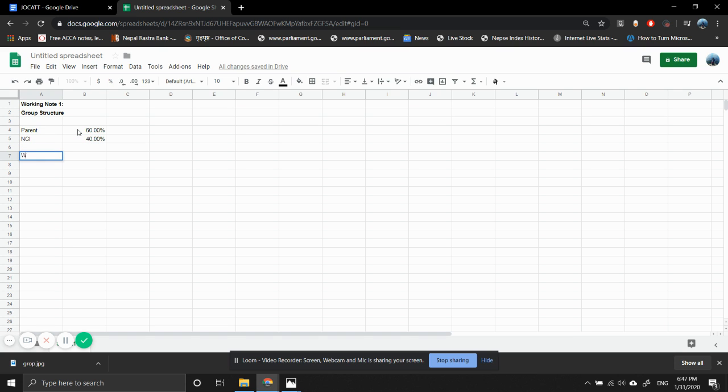And then working note: calculation of net assets of subsidiary.